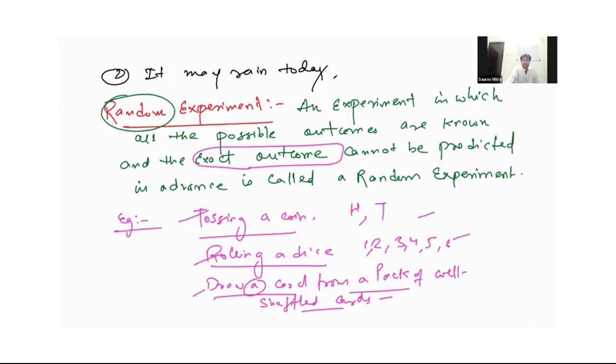Now let us understand the next definition related to probability, the sample space. What is a sample space? Let's write the definition.